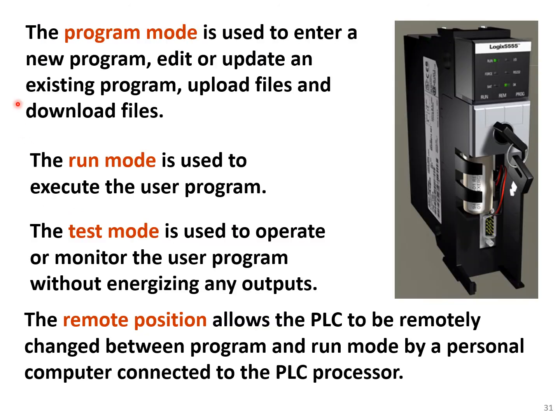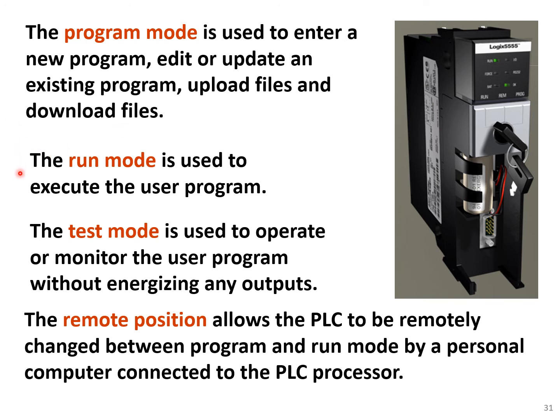The program mode is used to enter a new program, edit or update an existing program, and upload and download files. So for some types of Allen Bradley PLCs, we need to put it in program mode so we could upload or download files to or from the PLC.